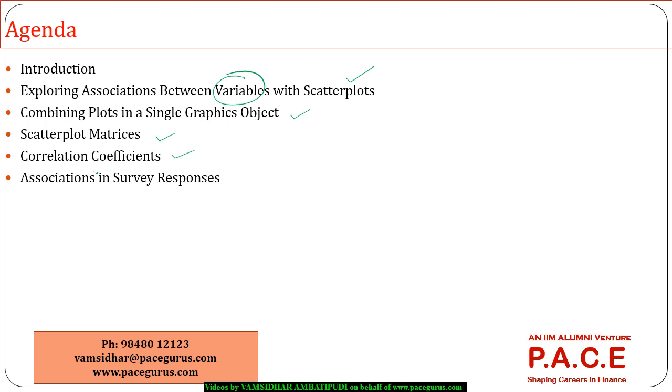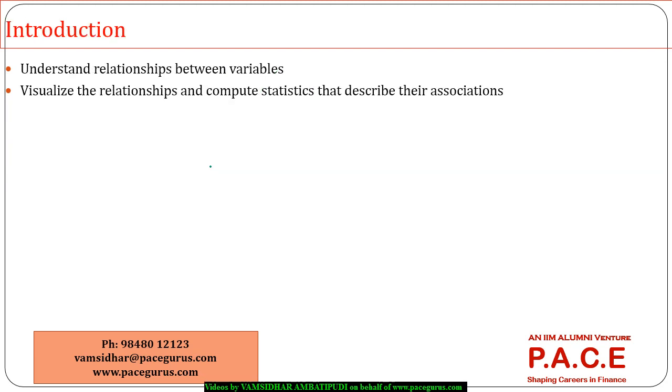And how do I really understand these kind of correlations and associations, especially in the ordinal data which I collect through the survey responses, through some kind of scales, Likert scale data if I am collecting. How do I really measure the associations in those kind of survey responses? So these are the different kinds of aspects that we are going to look at in this session.